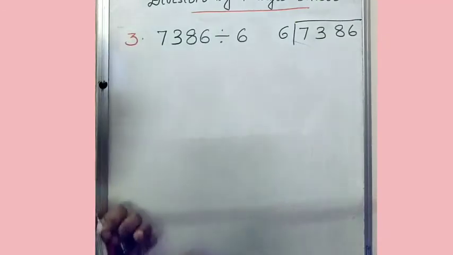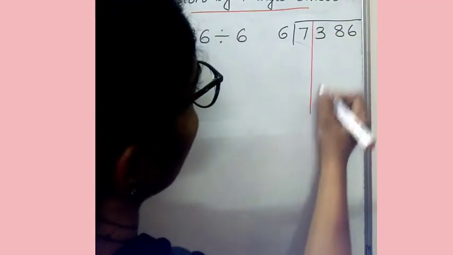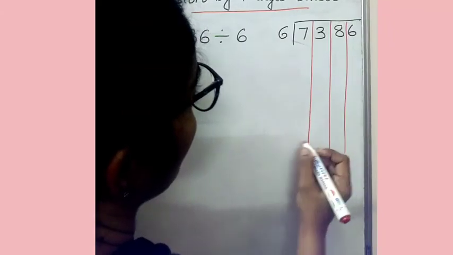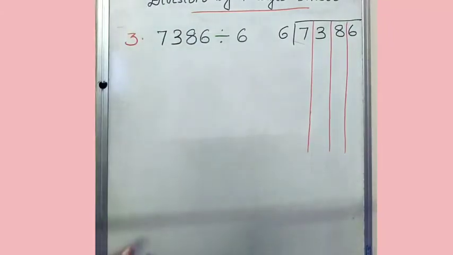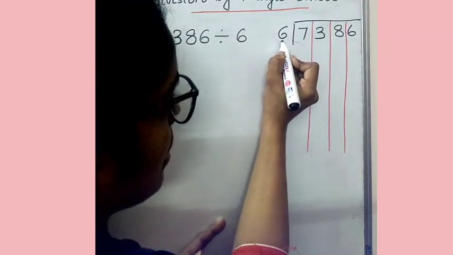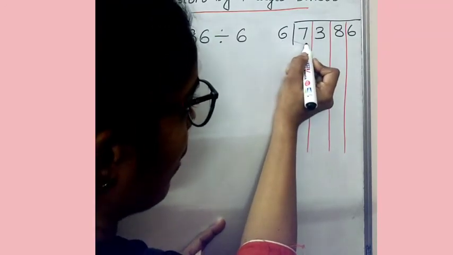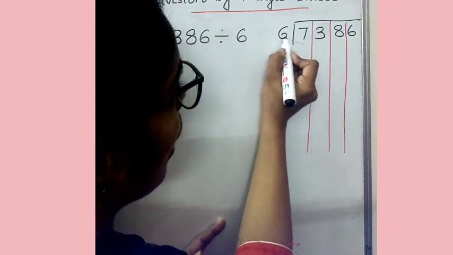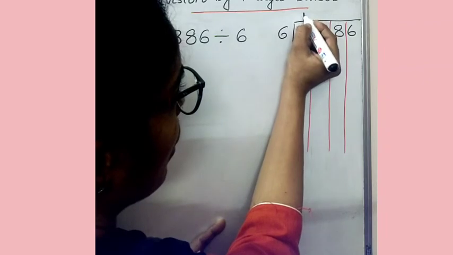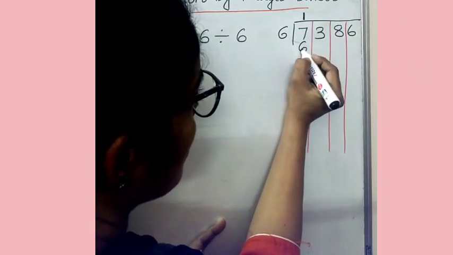Then draw a column like this. First, I am taking the first digit. Here it is only one digit, so I am taking only one digit. How many times 6 in 7? One time. We know that 1 into 6 equal to 6.